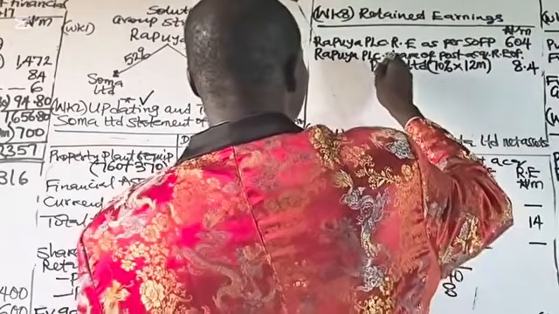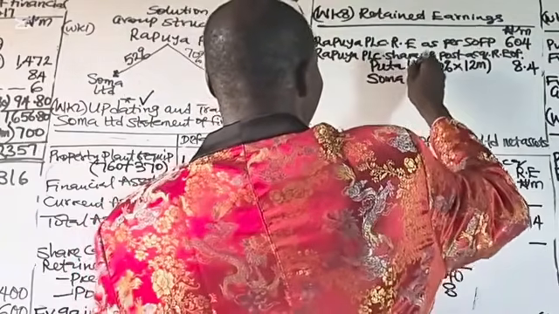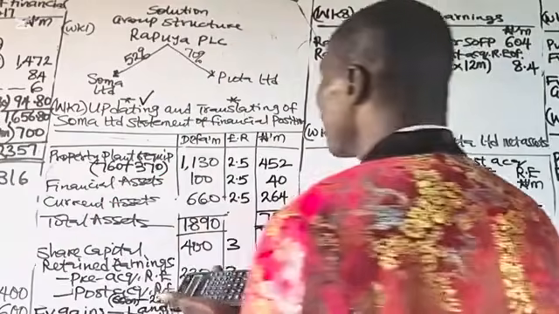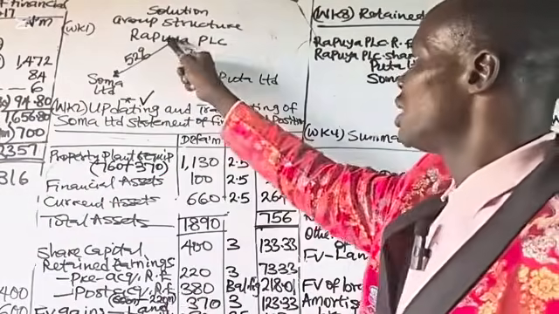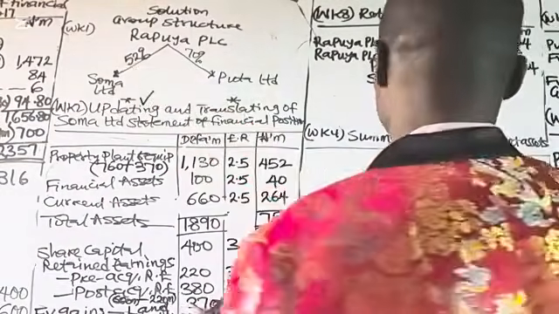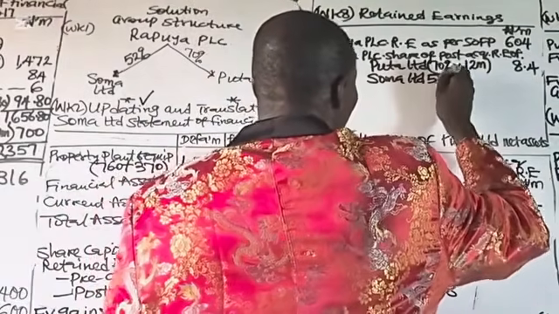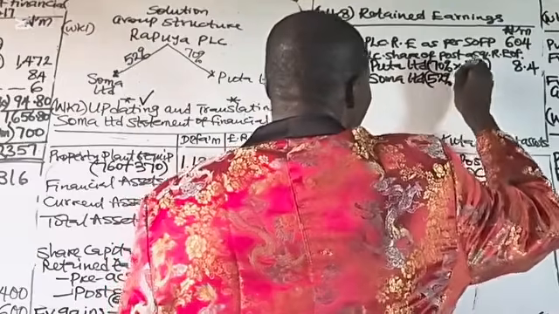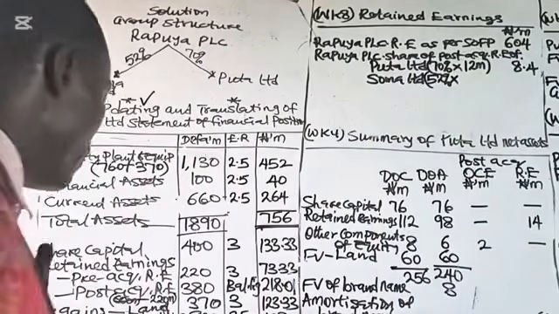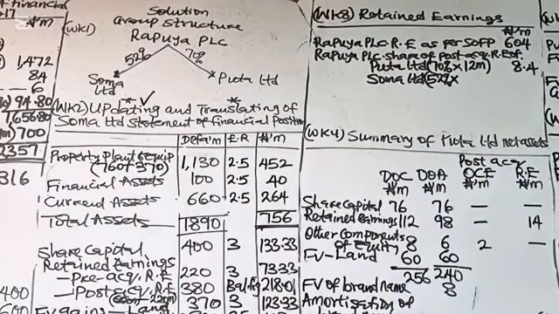That of Soma Limited. The stake of Rapuya PLC in Soma Limited is 52%. That is to show that Rapuya's share of Soma Limited's post-acquisition retained earnings will be 52%. How much is the post-acquisition retained earnings of Soma Limited?